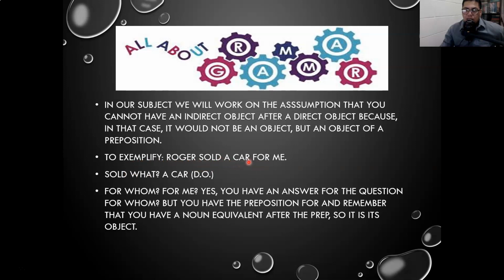Roger sold what? A car. For whom? For me. Hey teacher, but it's the same. Yes, it's the same idea. But remember that we are studying structure. We are studying syntax, right? In grammar, we are taking this syntax approach. This is the object of me, right?